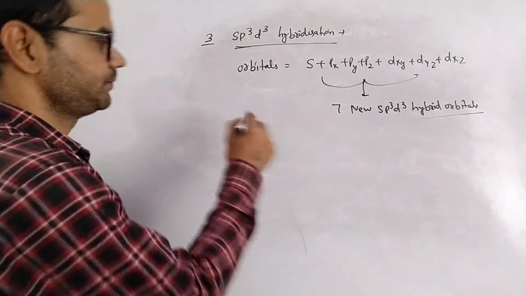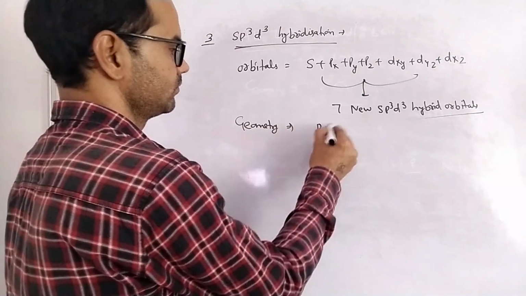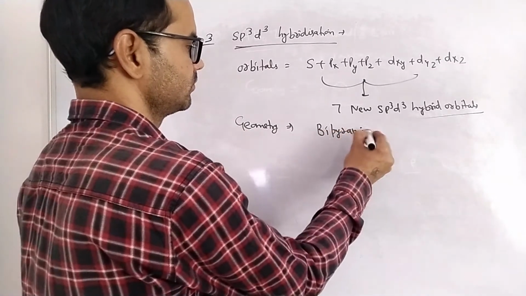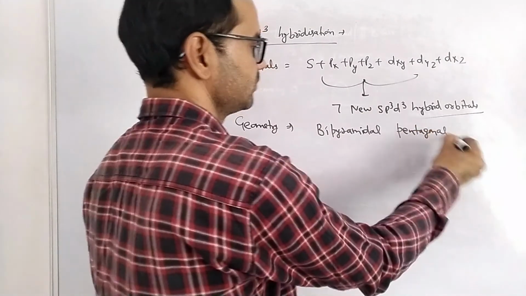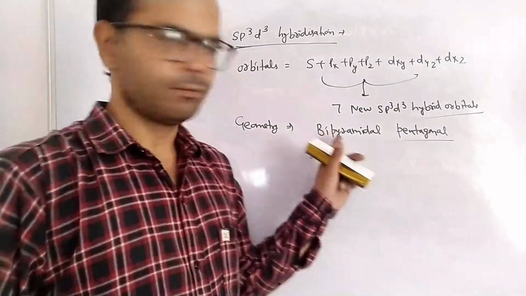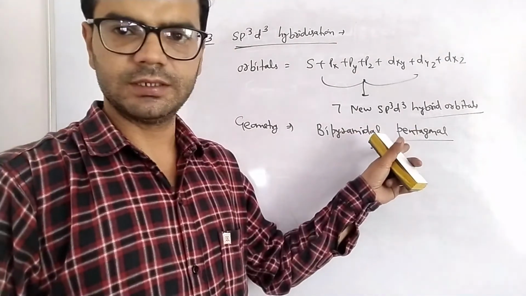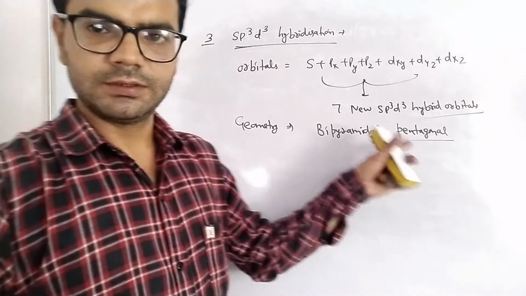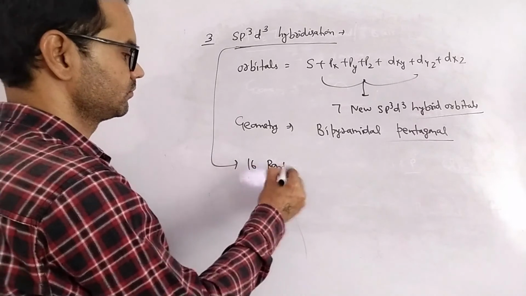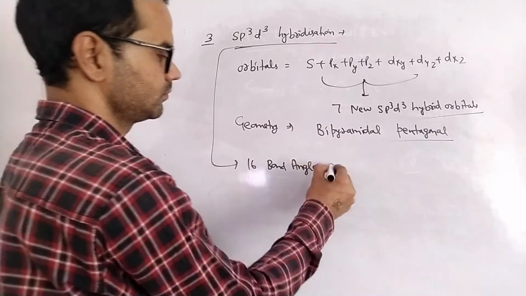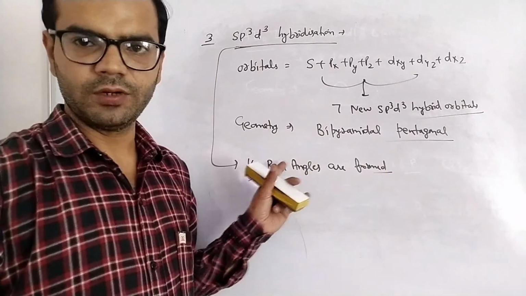Its geometry is bipyramidal pentagonal. 2 bonds are pyramidal positions and 5 bonds are in a pentagonal shape. Total number of bond angles: total 16 bond angles are formed.